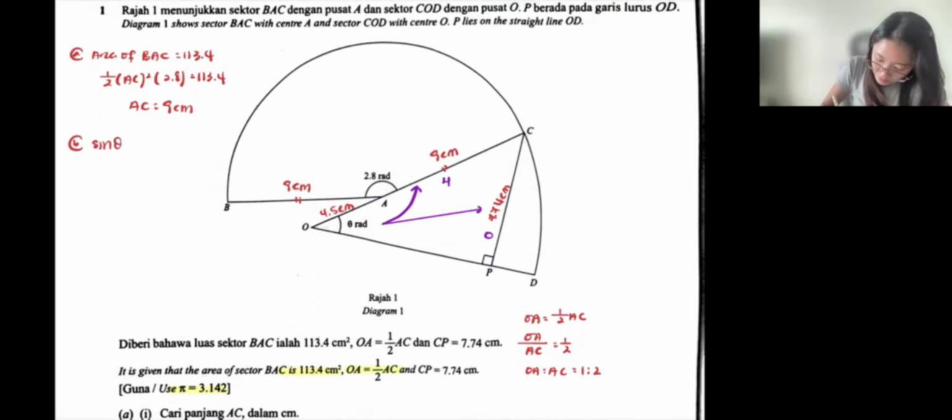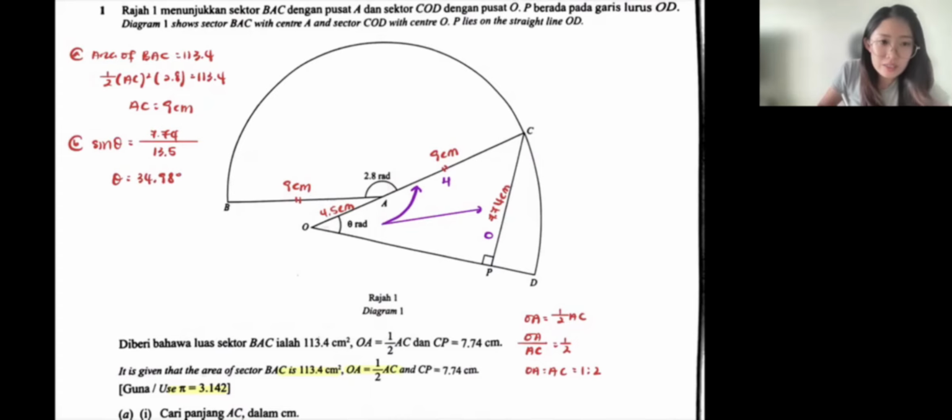Opposite 7.74 divide by 9 plus 4.5, which is 13.5. To find the angle, shift sine in your calculator, 7.74 divide by 13.5.